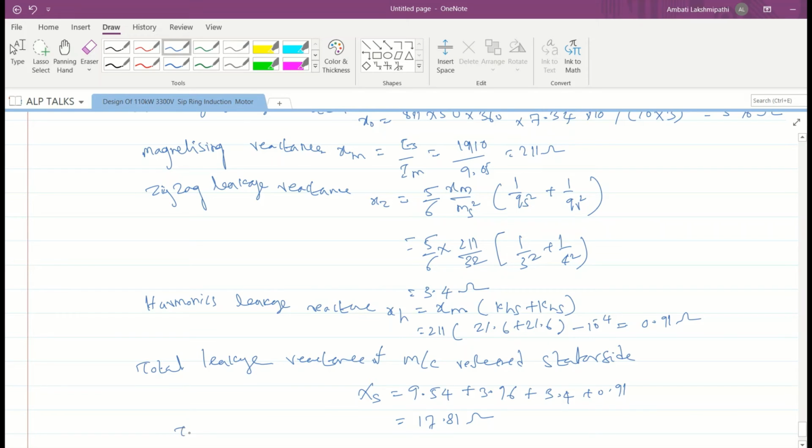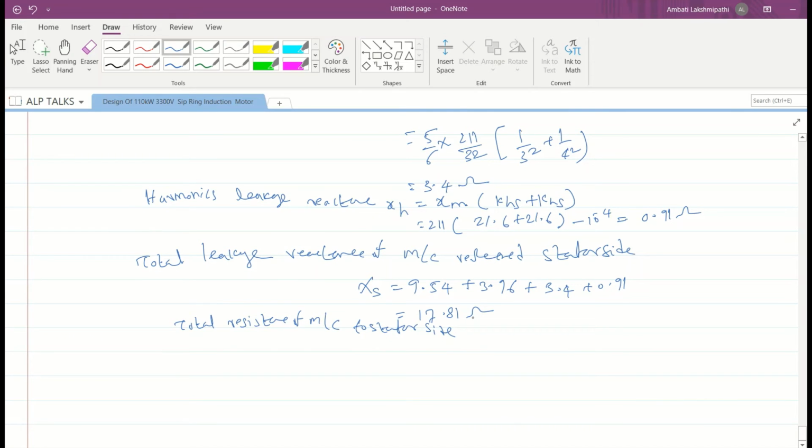Total resistance of machine referred to stator side, we already calculated this value. Capital RS is nothing but RS plus RR dash, that is 1.46 plus 2.1, which is 3.56 ohms.